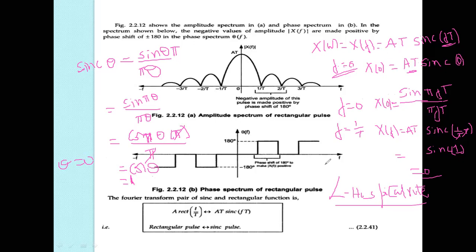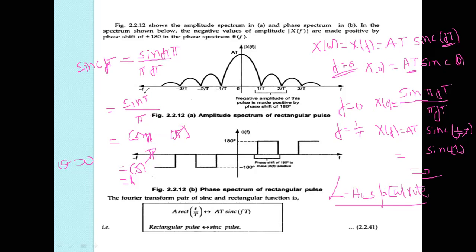sine pi ft. Here the theta is nothing but, my dear students, don't confuse, the theta is ft only. Theta is the ft. Sinc ft means here also the ft, pi ft. Okay.